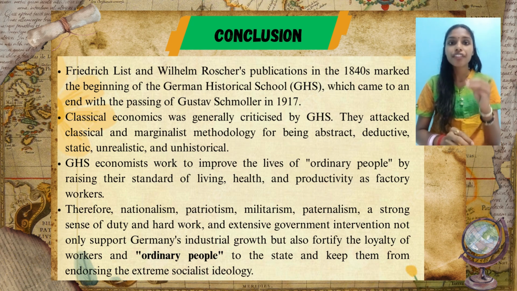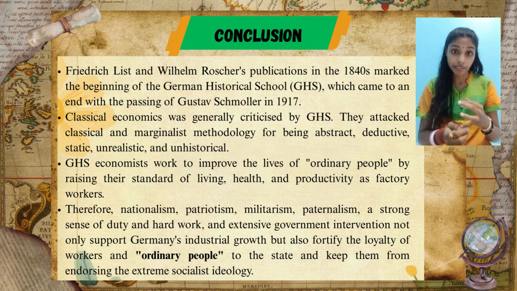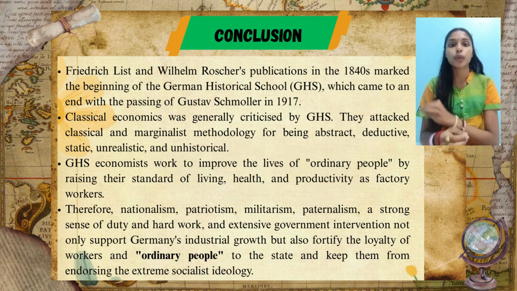In conclusion, Friedrich List and Wilhelm Roscher's publications in the 1840s mark the beginning of the German historical school, which came to an end with the passing of Gustav Schmoller in 1917. Historical school economics worked to improve the lives of ordinary people by raising their standard of living, health, and productivity as factory workers.